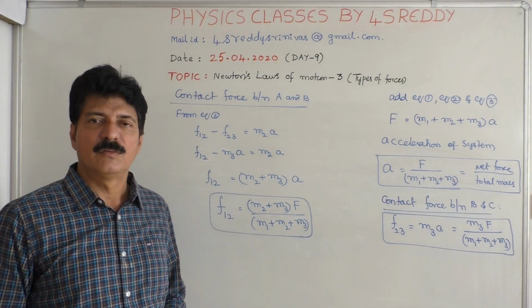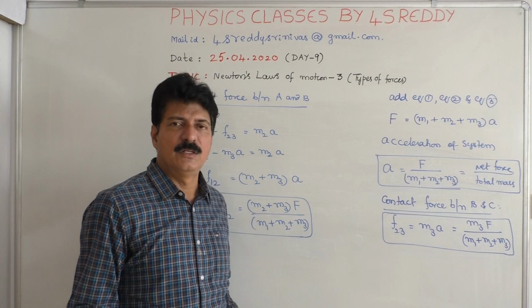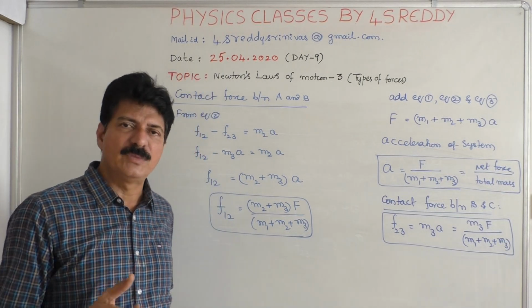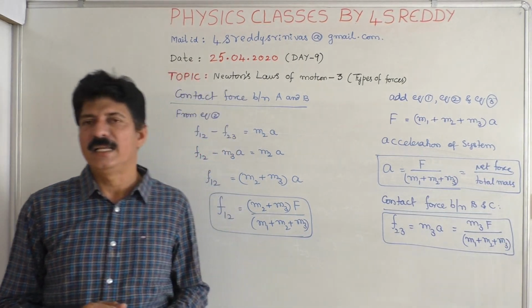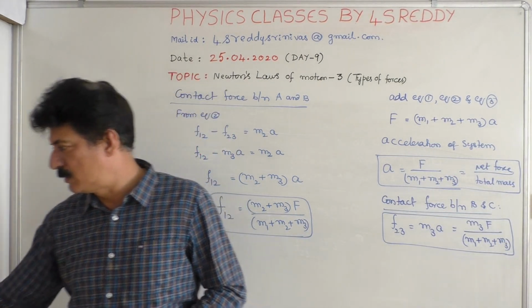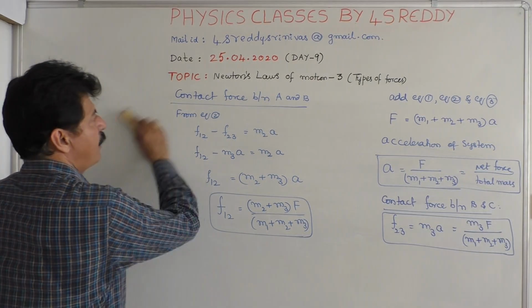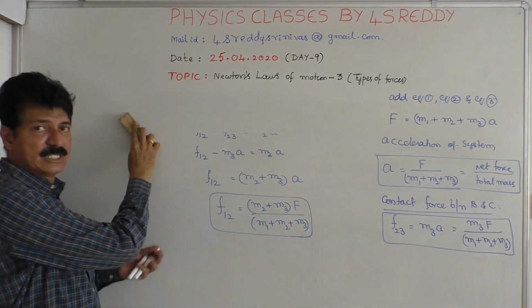This is another one. So, for any given numerical values of M1, M2, M3 and the force, we can easily calculate the acceleration of the system of blocks. Is it clear?